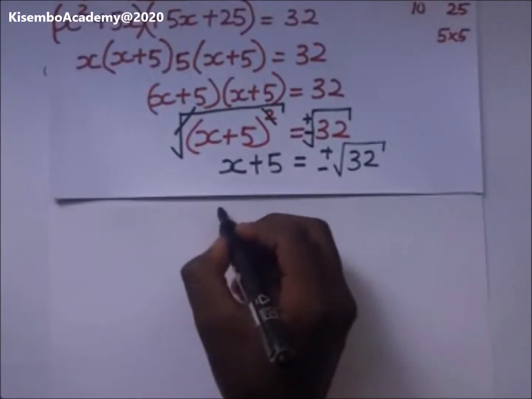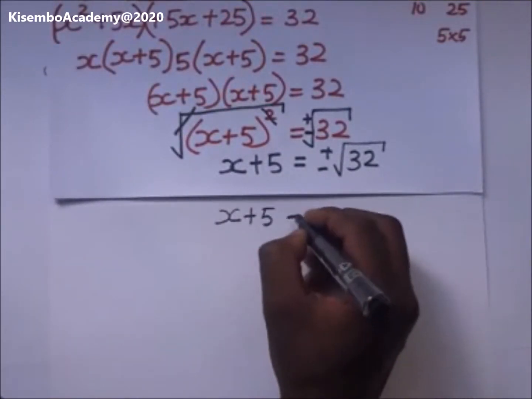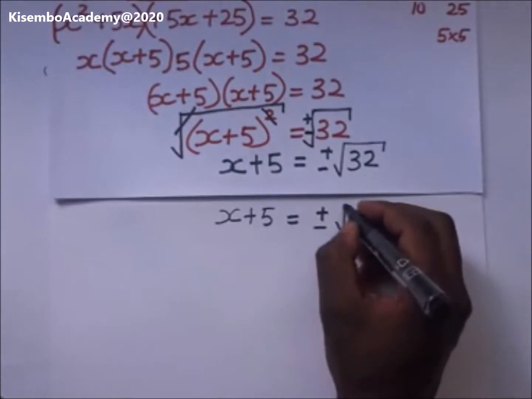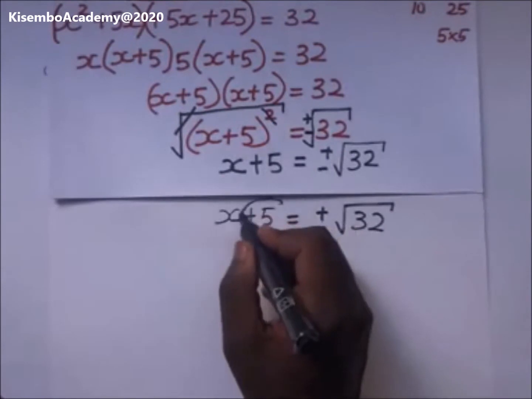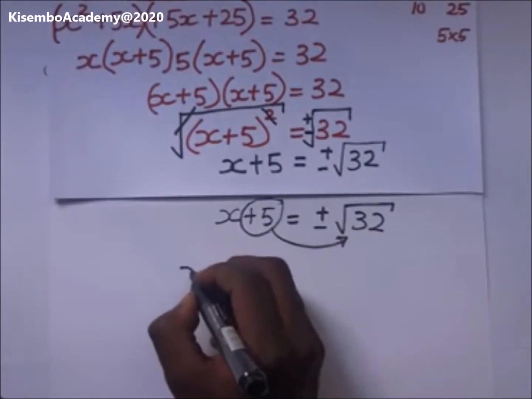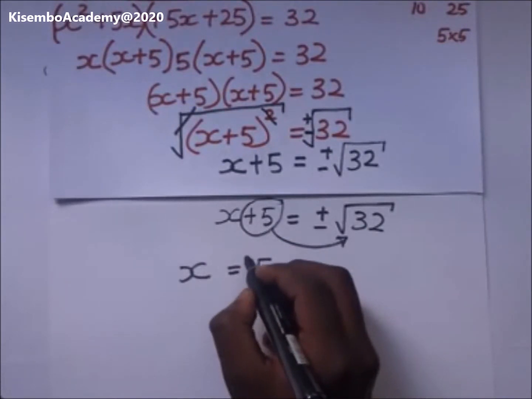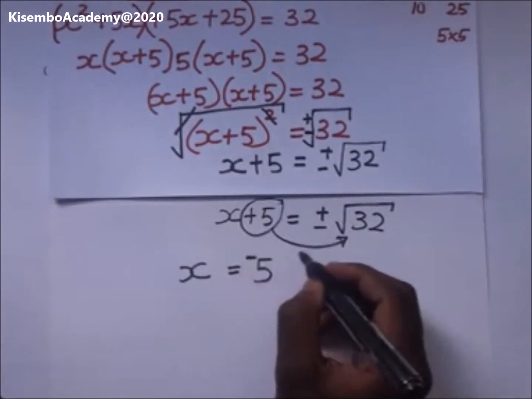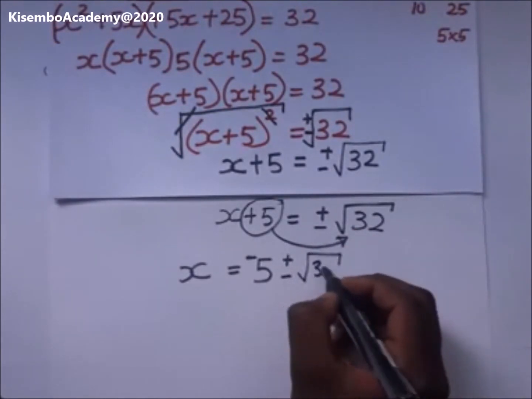So definitely from this point we have x plus 5 being equal to plus or minus the square root of 32. And of course, when this 5 crosses to this side, you remain with x equal to negative 5 plus or minus the square root of 32.